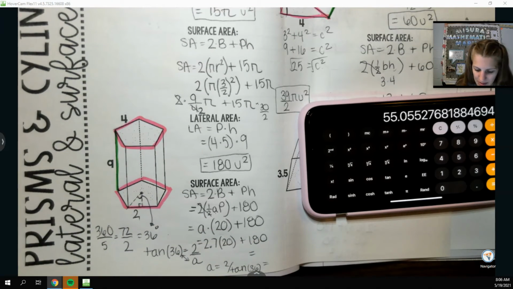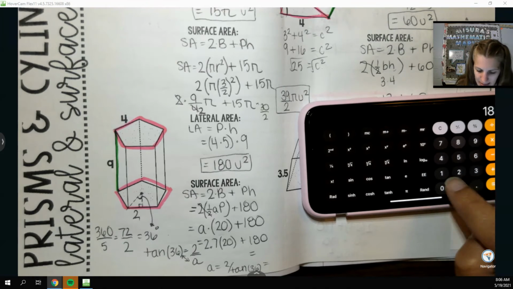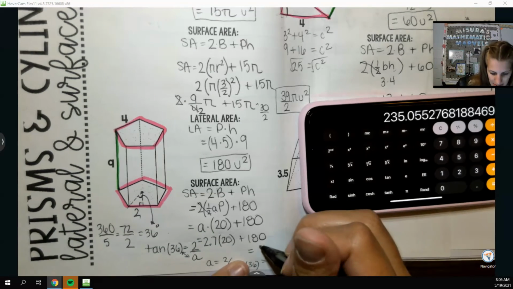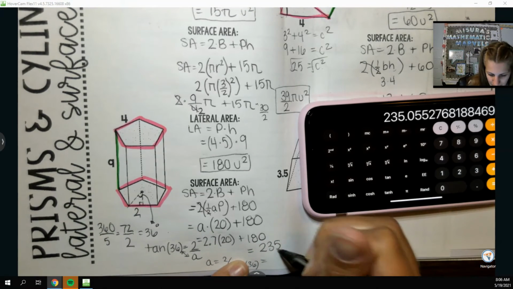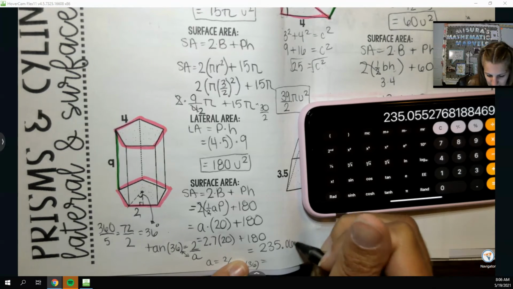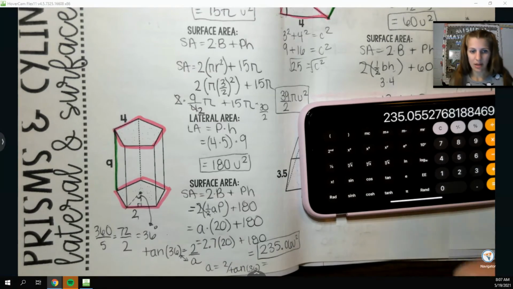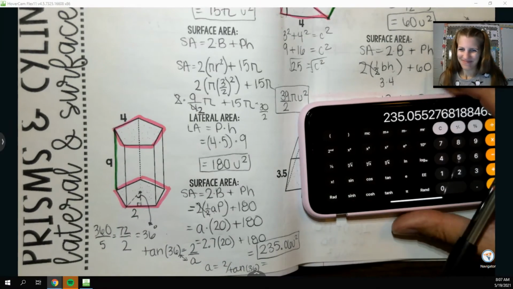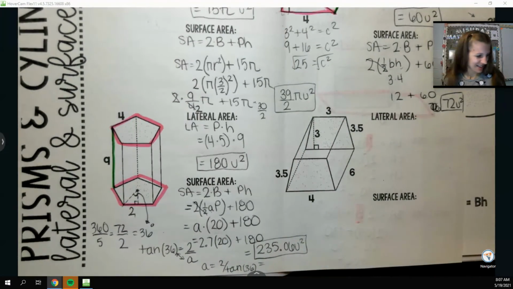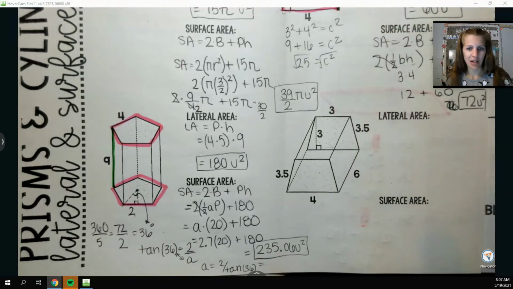Again, to get my least rounded answer, so plus 180. And so we get 235.06 units squared if we round to the nearest hundredth. You thought we were done with apothems.